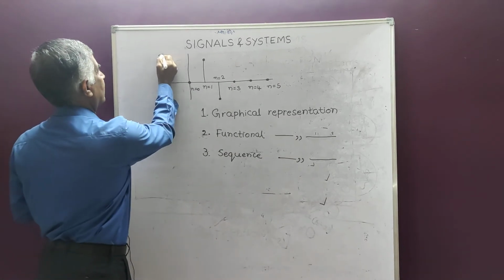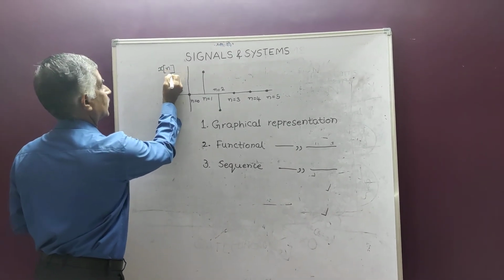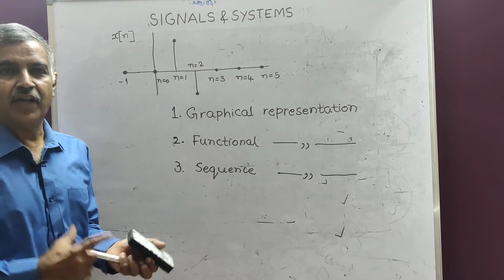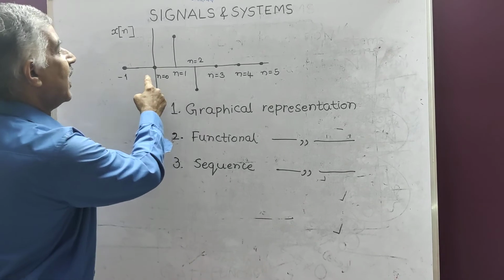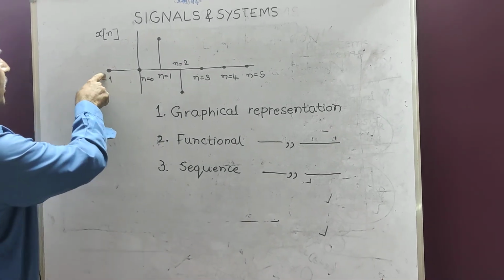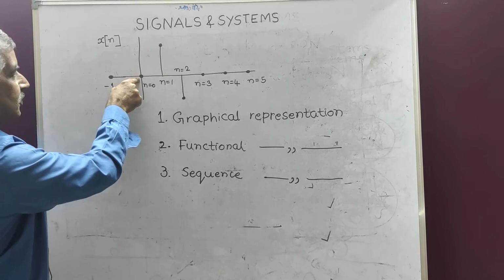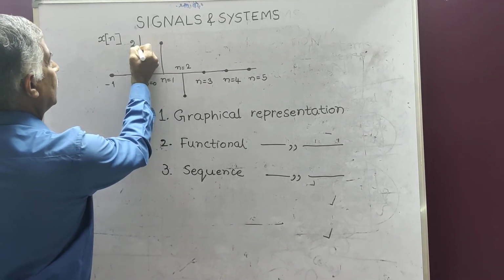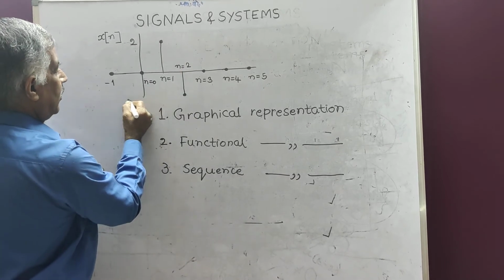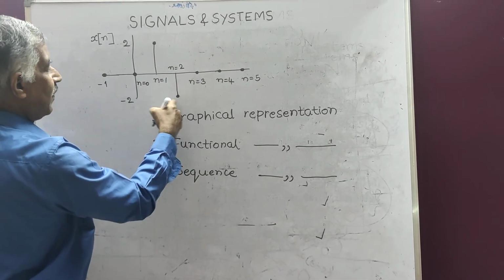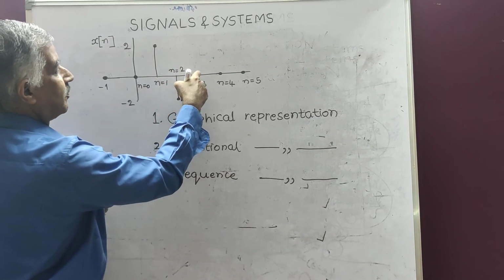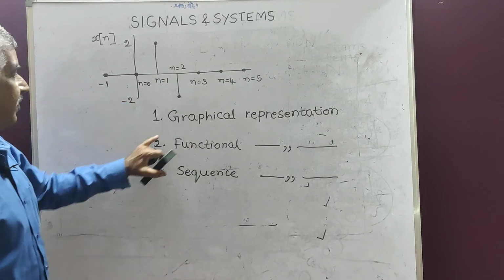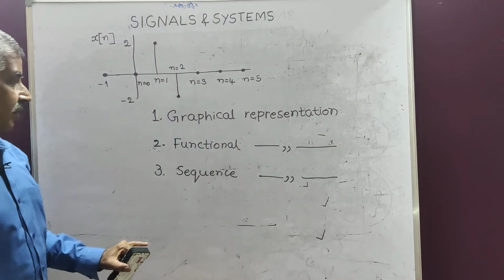In graphical representation, we have to erect lines at the corresponding n values. So n equal to -1, 0. n equal to 0, 0. At n equal to 1, its value is say 2. n equal to 2, its value is minus 2. n equal to 3, 0. n equal to 4, 0. n equal to 5, 0. So this is what is called graphical representation.